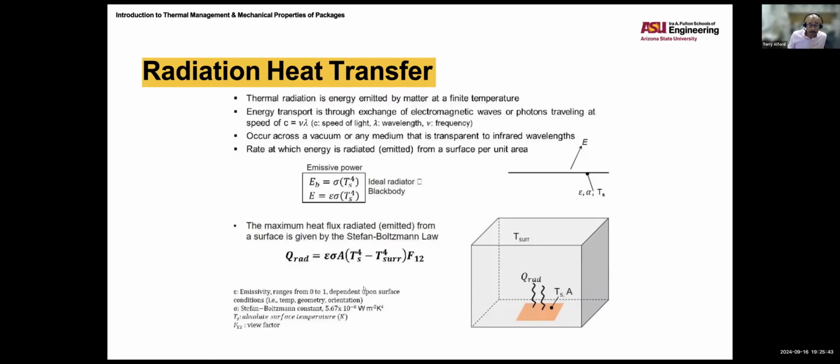Okay. And then if we look at an ideal radiator, it is a black body. But what we will do is calculate the heat emitted, where we look at the emissivity of the surface of the solid, and that value is going to range from 0 to 1, 1 being perfect.